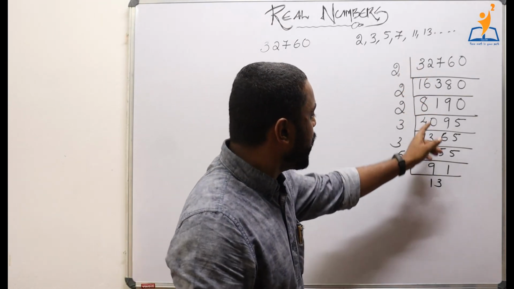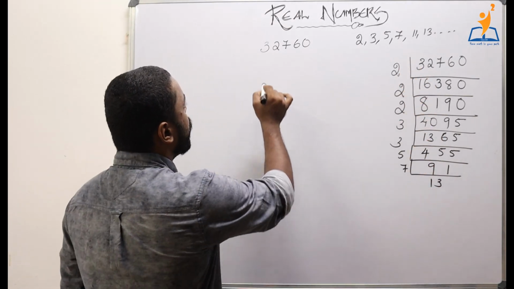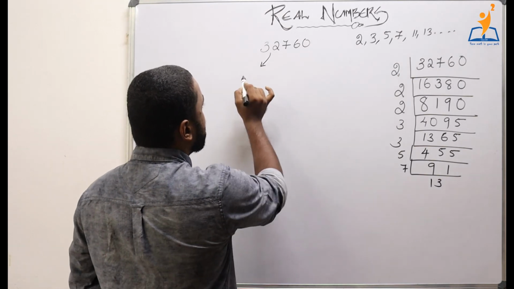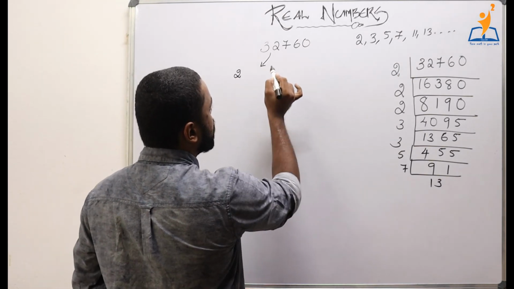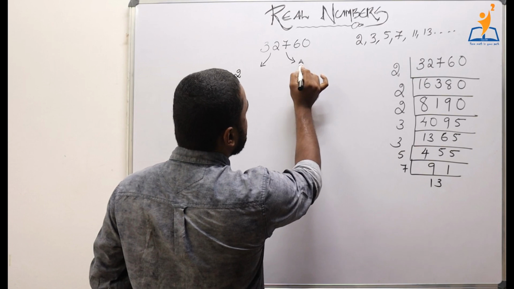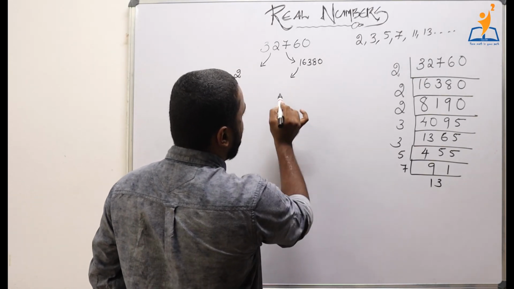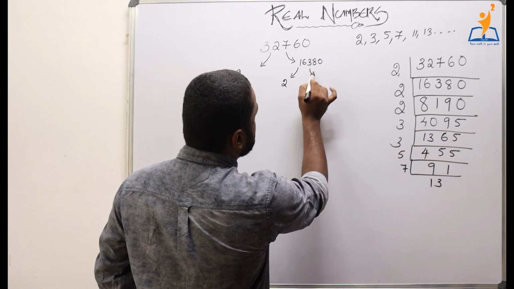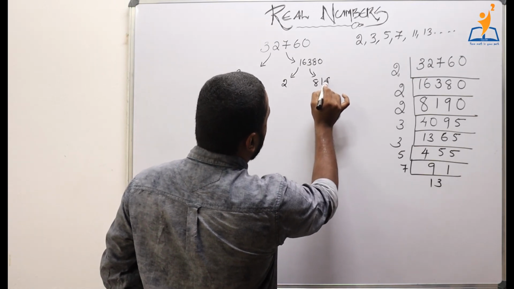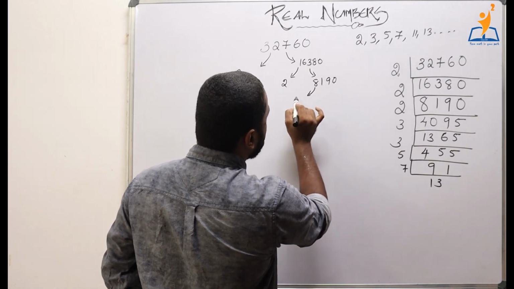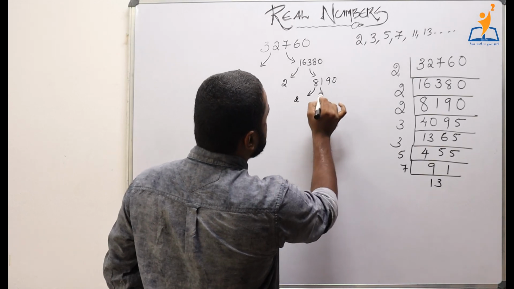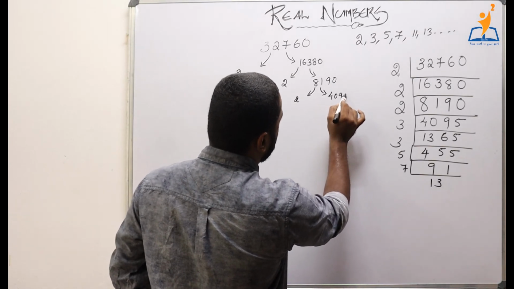Hence when we divide this, we can pictorially represent it like this. When we divide this by 2, it will result in 16,380. Again when we divided this by 2, this resulted in 8,190. Again when we divided this by 2, it resulted in 4,095.